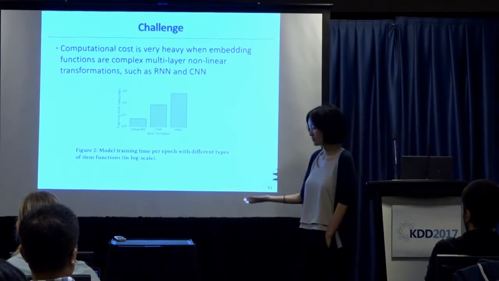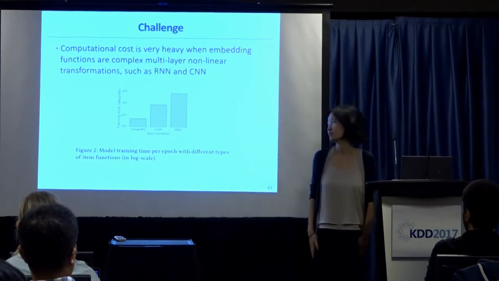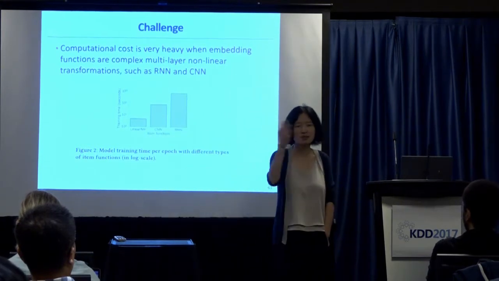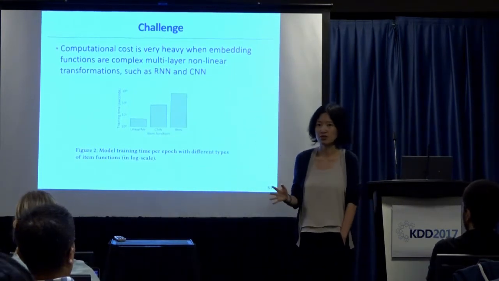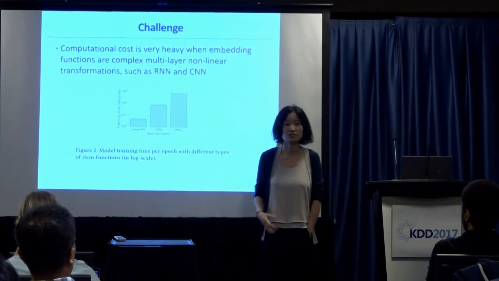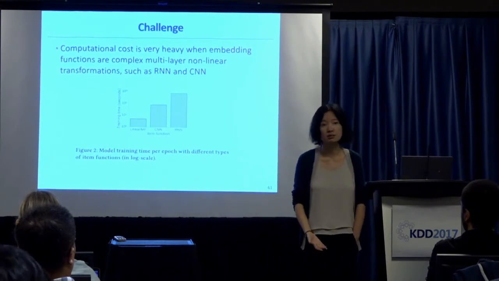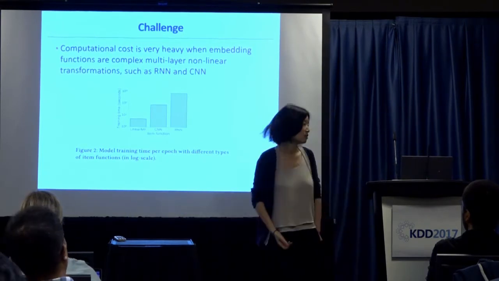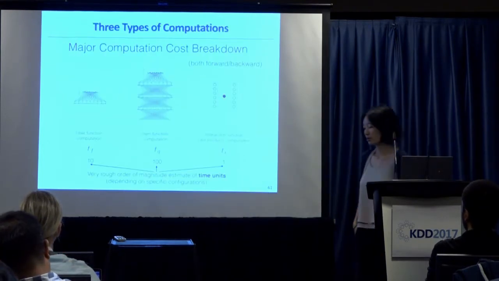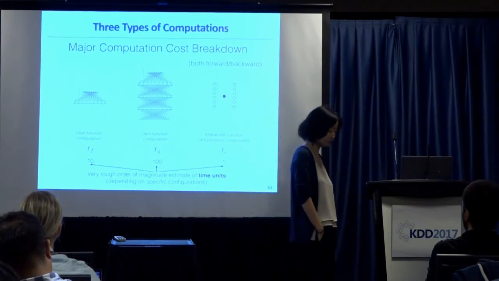So everything seems perfect. What's the problem here? Computational challenge. If we just use matrix factorization type of mapping, it's just a linear transformation, and we only need this much time. But for CNN, 10 times slower. RNN, another 10 times slower. So efficiency becomes a huge issue when the embedding involves very complicated functions.